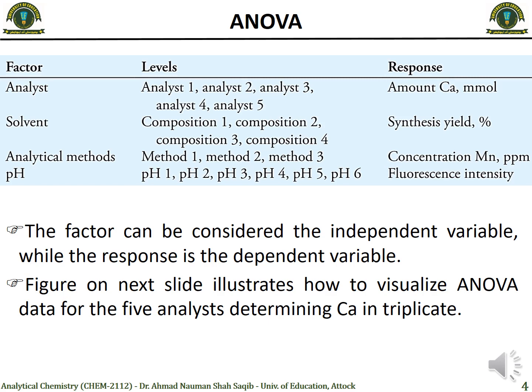We have a figure to explain how we visualize ANOVA, and we will take the example of our first factor, analyst, in which 5 different analysts determine the amount of calcium. We will look into that example on our next slide.